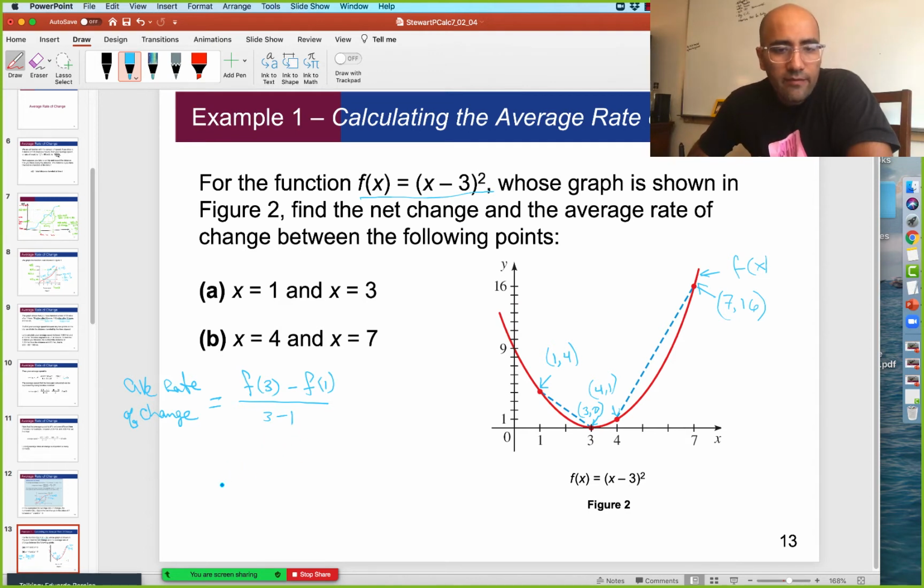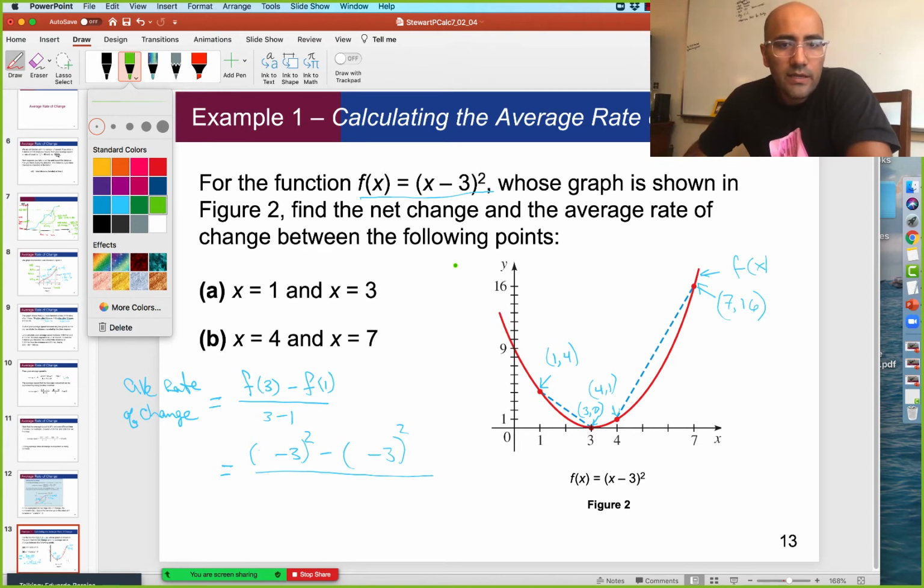And now f of 3, that's equal to blank minus 3 squared minus blank minus 3 squared all over, and let's change colors here.